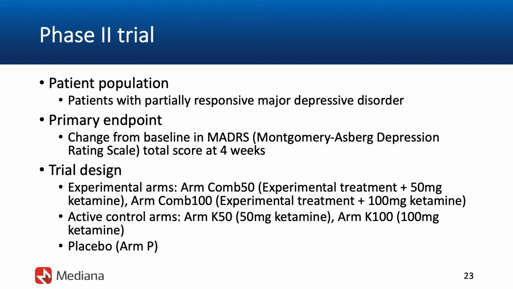The experimental treatment given at a single dose was combined with 50 milligrams of ketamine, and secondly with 100 milligrams of ketamine. Those combination arms were supposed to be compared with the active control arms, which were the same doses of ketamine but given as monotherapy, and the 5th arm in the study was a placebo arm.